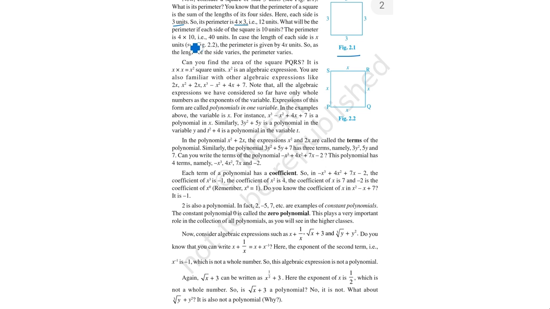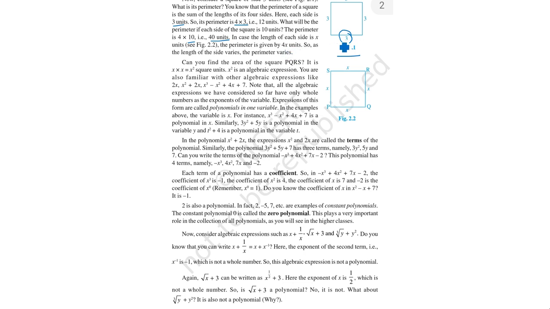And if it is 10 units, then the perimeter will be 40 units. So if we vary the length of each side of a square, then we can get the perimeter as 4x units.